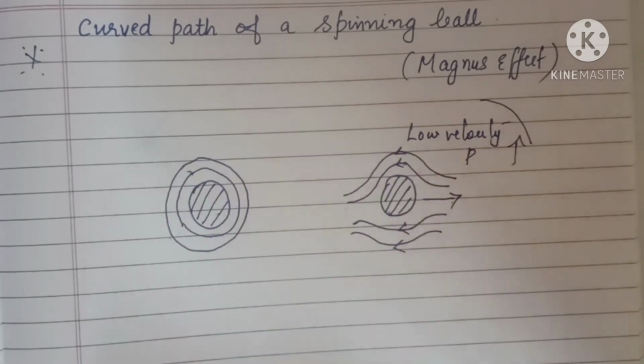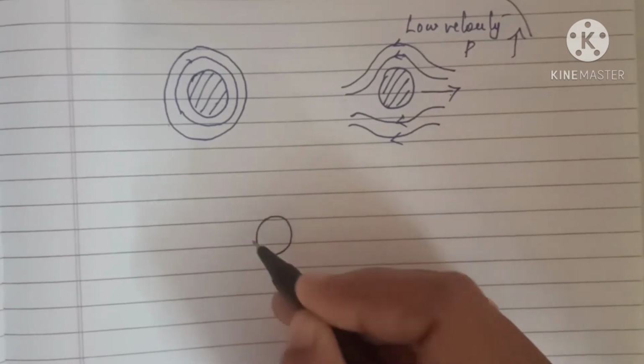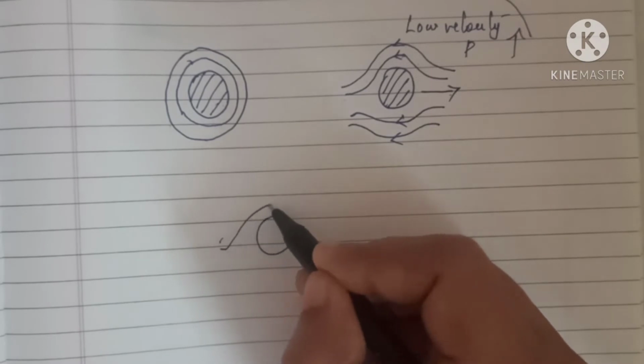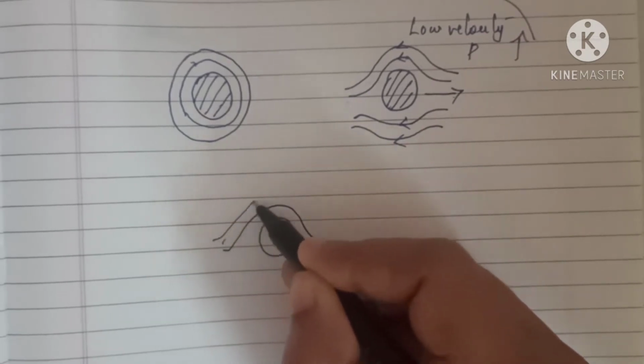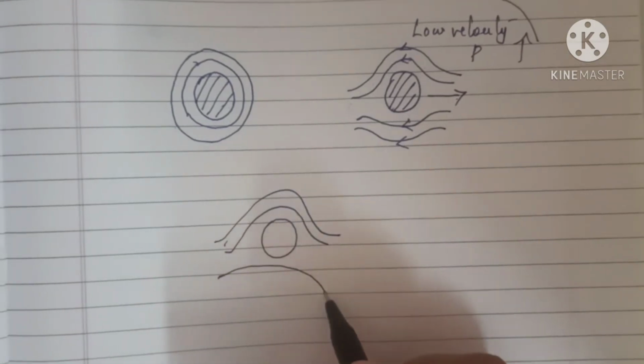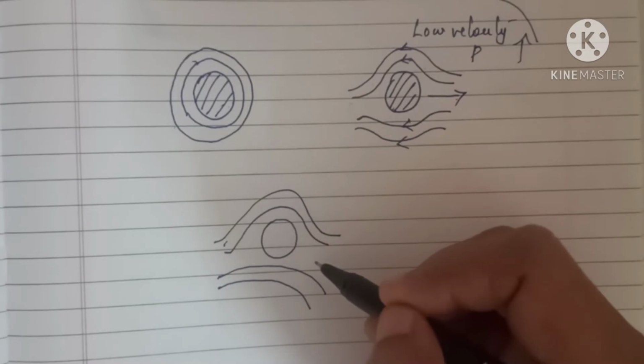So I can rearrange the diagram like this. This is the spinning ball, and the air above will be like this, and the air below will be like this. During its spin, what will happen?